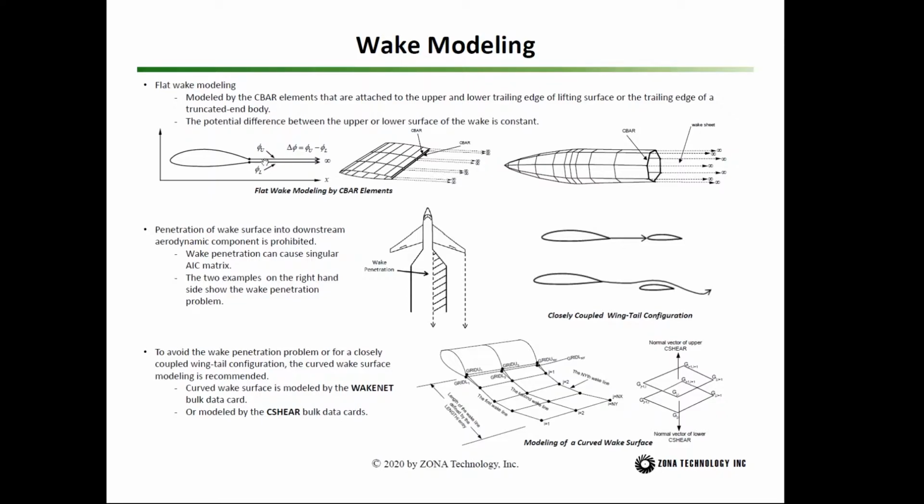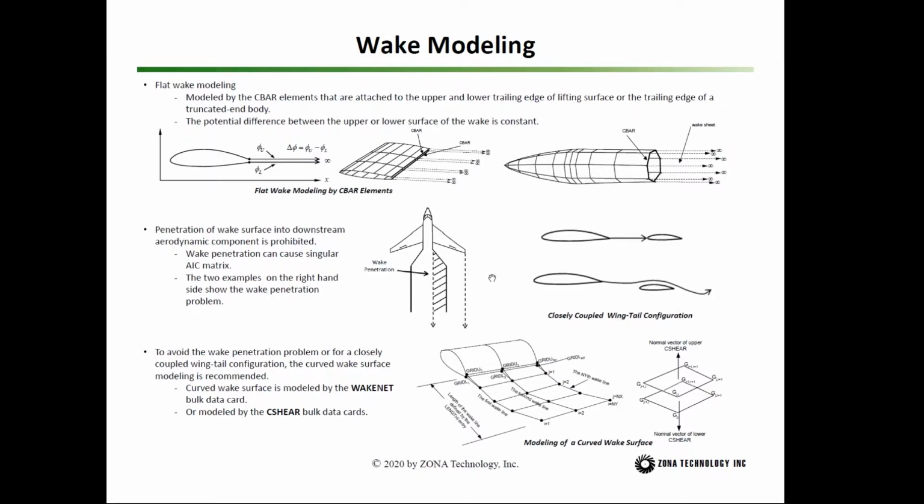Thus the potential on the upper surface wake is equal to the potential at the grid point at the trailing edge of the upper surface wing, and the potential on the wake along the lower side is the same as the potential at the trailing edge grid on the lower side of the wing.